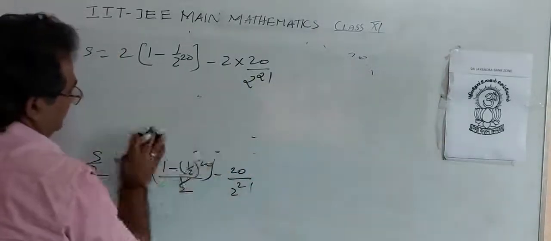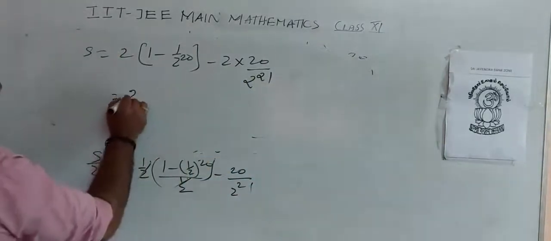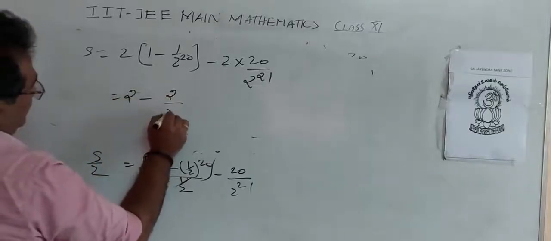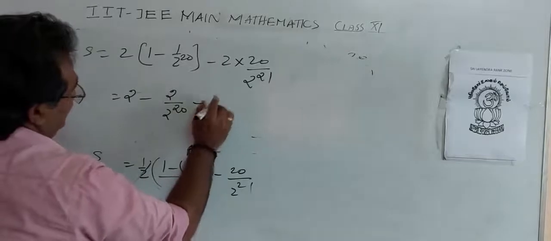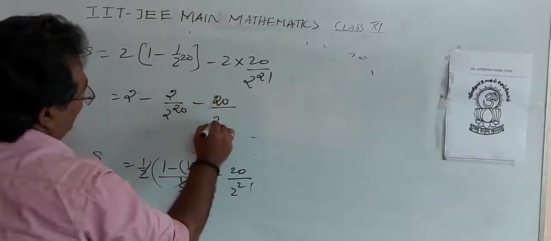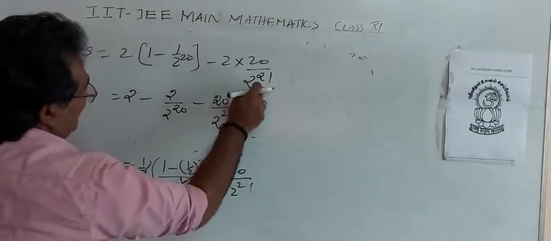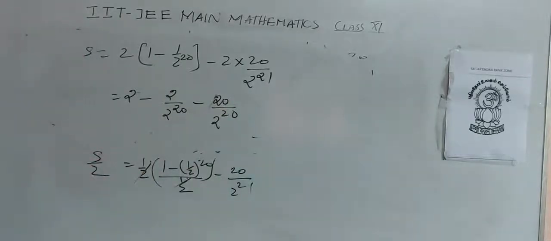2 minus 2 by 2 power 20 minus 20 by 2 power 20, if I cancel 2 power 20.